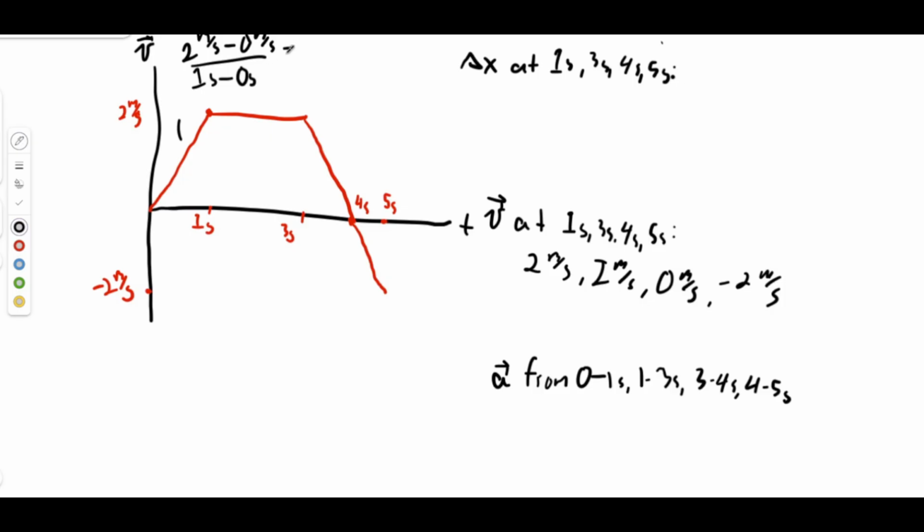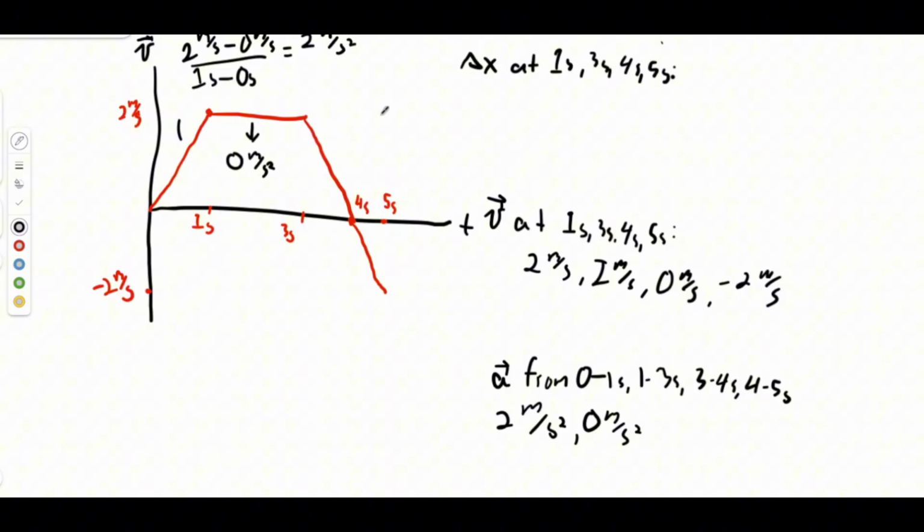That's going to give us 2 meters per second squared. That's the units for acceleration. Now here, this is flat, 0 meters per second squared.